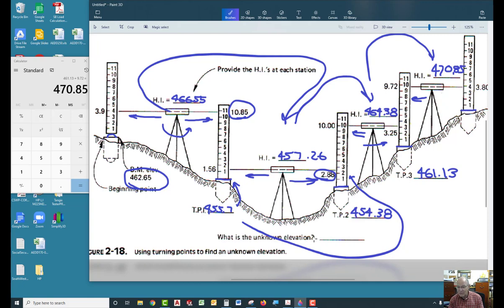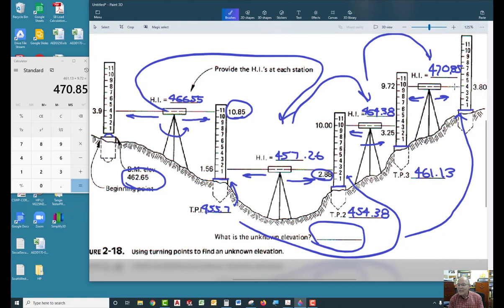Now, we want this. That's our unknown elevation. So what we're after is we want to put a number down here that represents that elevation. We know this, 470.85, height of instruments. We do one last foresight, nice and level, goes over here, and we see that the number is 3.8.